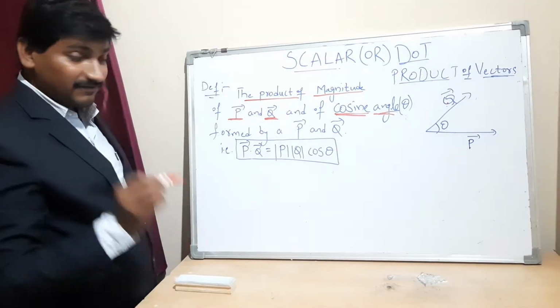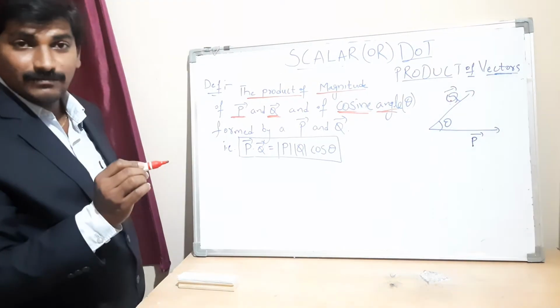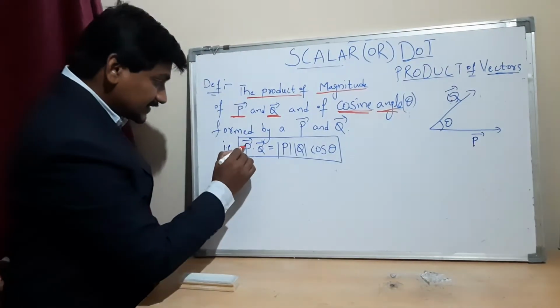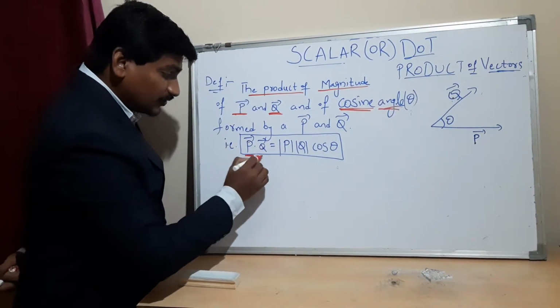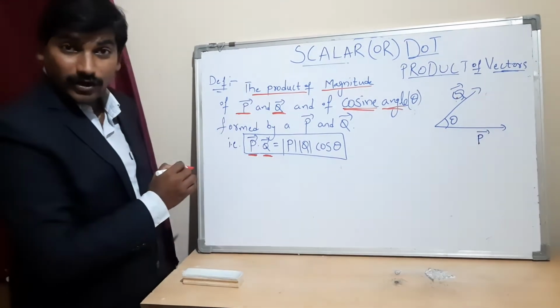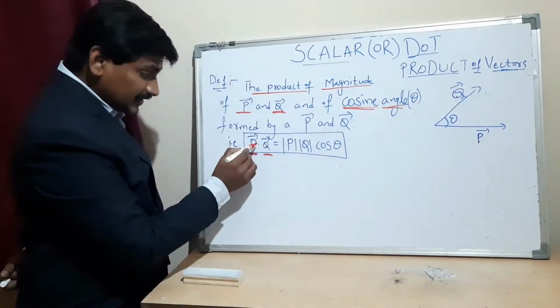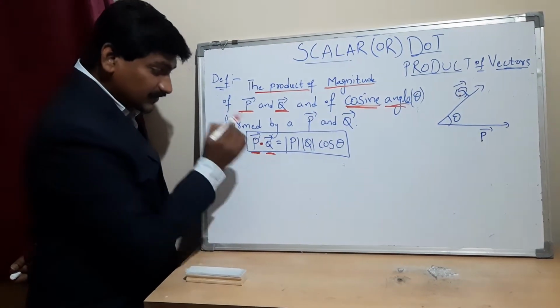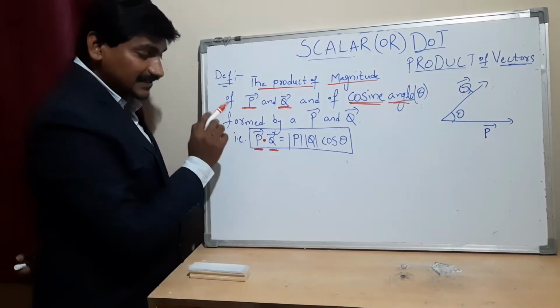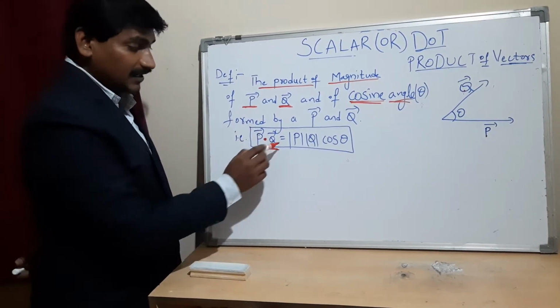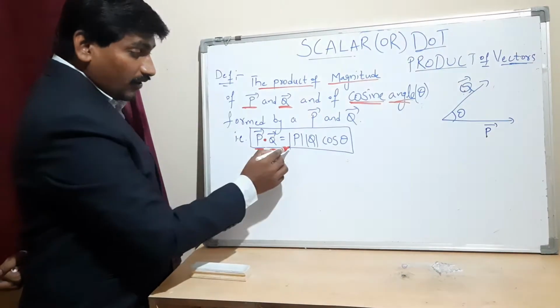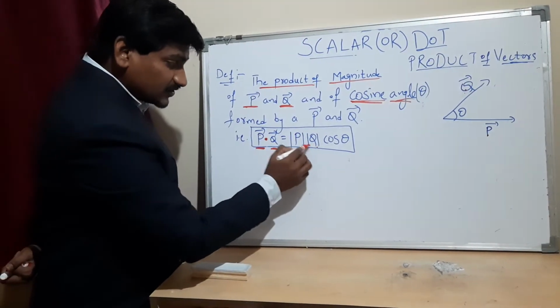We will express that in mathematical form, in vector form. P and Q are the two vectors which we are multiplying. I kept here a dot; this dot symbol indicates the dot product. P dot Q is equal to the product of the magnitudes of these two vectors.